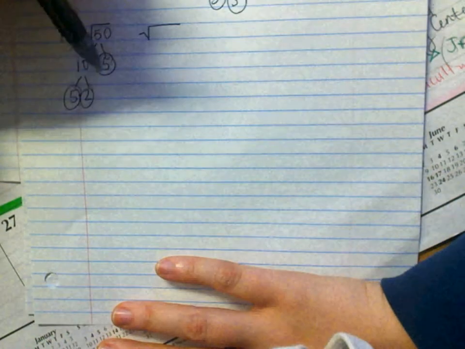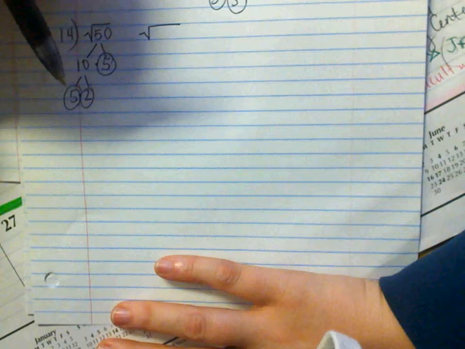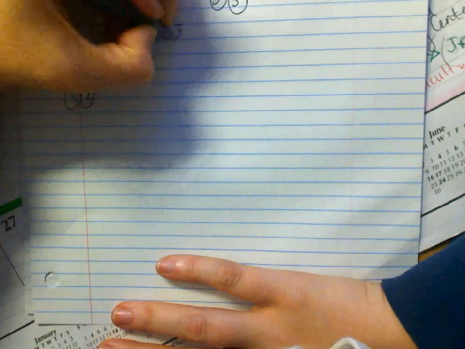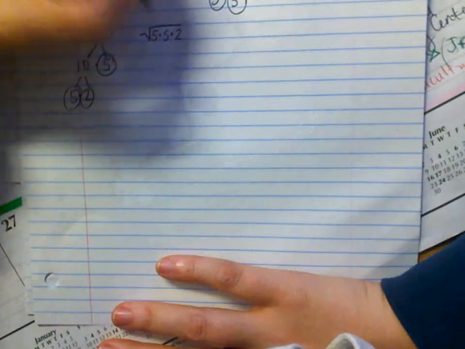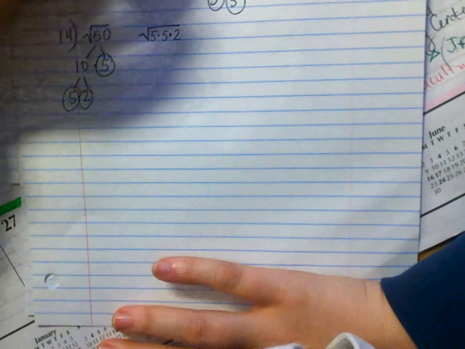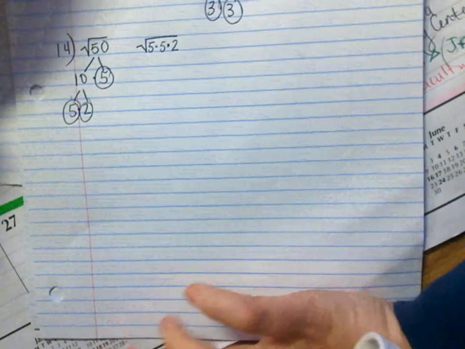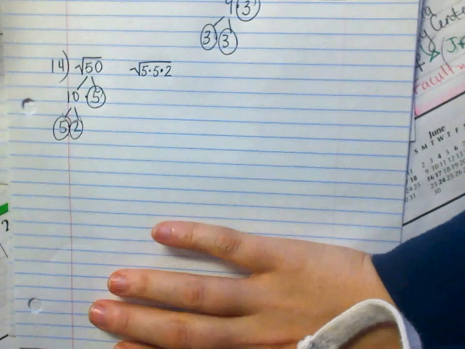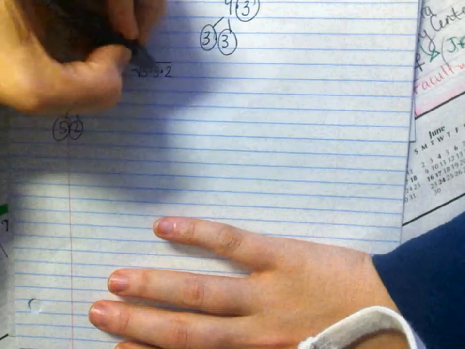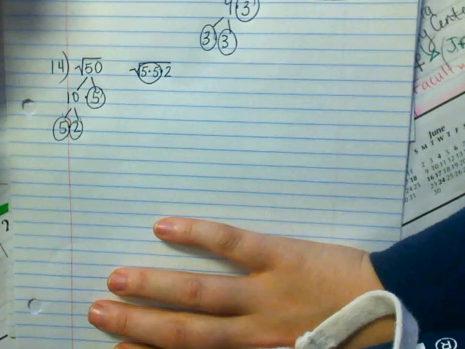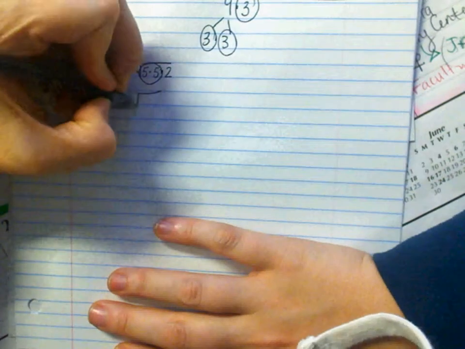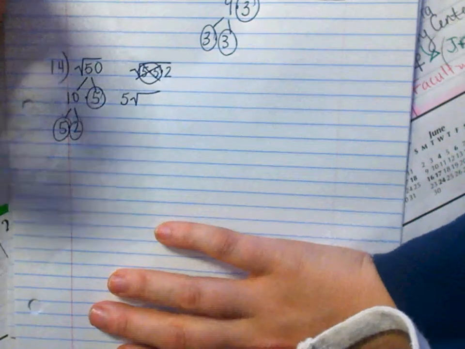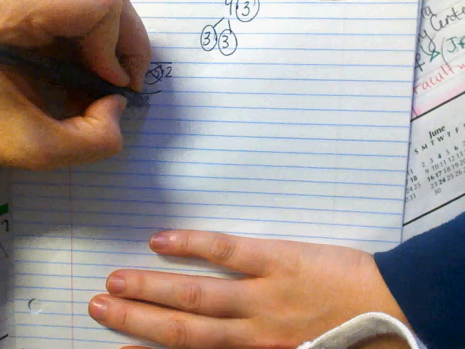So I have a 5 and a 2. Circle the 5s, because you have a group of 2, and put 1 5 on the outside. And on the inside, you just keep 1 2.